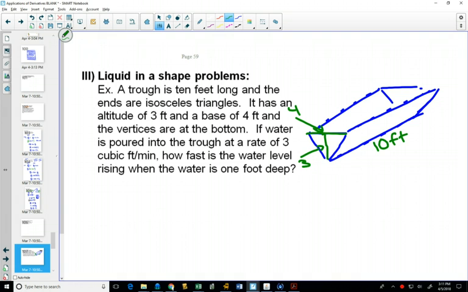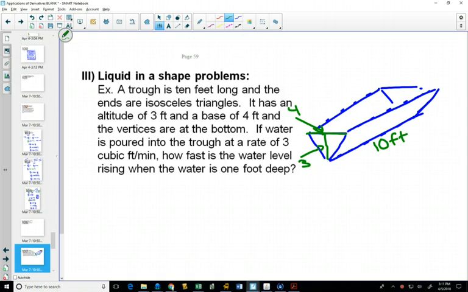So if we think about this just holistically, as you pour in water, the height is coming up fast at the beginning because it's so narrow at the bottom. But as time goes on, it's going to rise slower and slower and slower. Can you see that? Can you imagine that? Okay. So now, when it's 1 foot deep, how fast is it rising? That's what we're going to try to figure out.